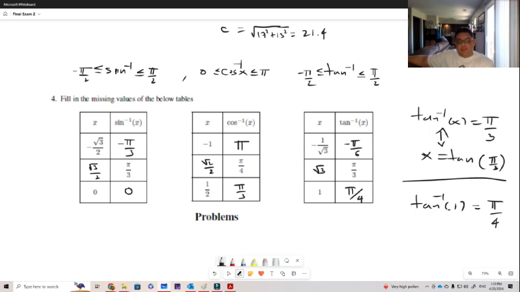And remember that this is also saying, well, if you have tangent to the -1 of 1 equal to a certain value, let's call it theta because it's supposed to give me an angle, then we're saying at the same time the tangent of theta is 1.